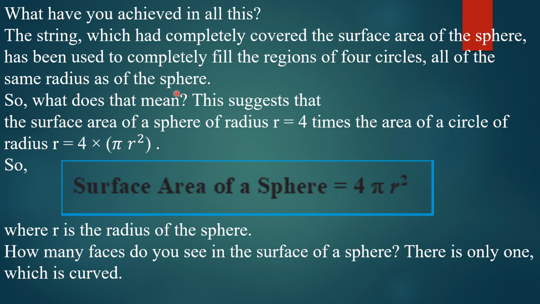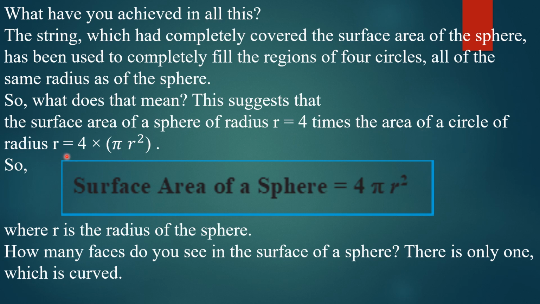So what does that mean? This suggests that the surface area of a sphere of radius r is equal to 4 times the area of a circle of radius r.